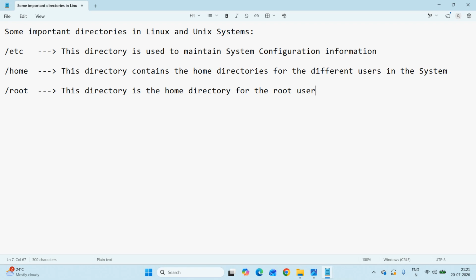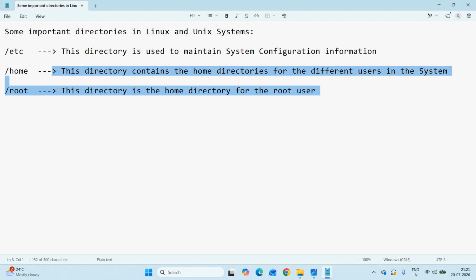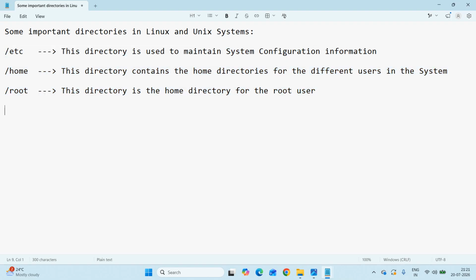Now please do not worry about all these directories and purposes for them that I am writing, people. When it comes to system administration, definitely you are going to understand and use these directories appropriately. And I will tell you about those details about these directories that I'm writing here in the context of system administration in a different playlist.